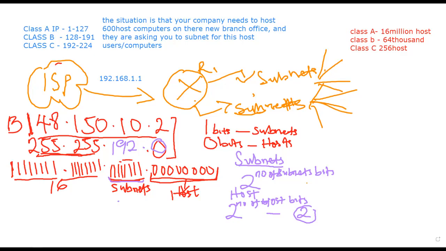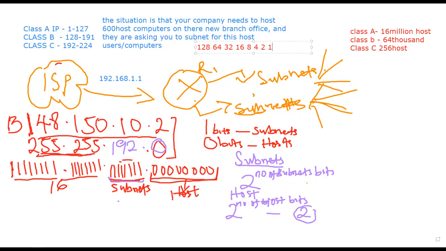Now, under 192, this is also explained in my other videos, if you've watched them. Here is how this whole octet starts: we have 128, 64, 32, 16, 8, 4, 2, 1. I hope this is 1, 2, 3, 4, 5, 6, 7, 8.